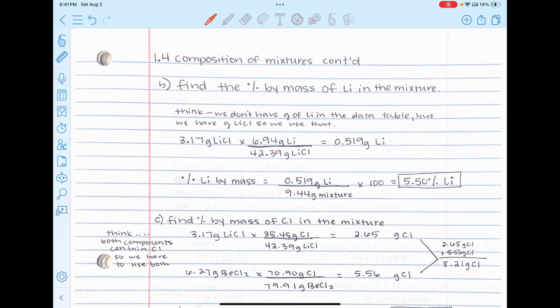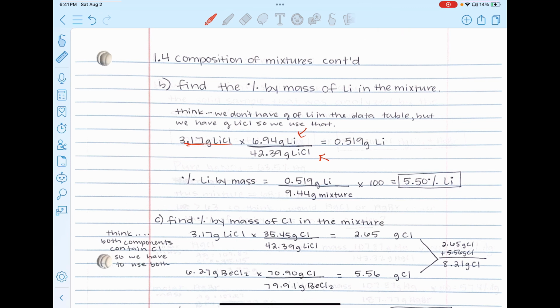Well, we want to use the data that we have that contains lithium. It would do us no good to use the data that contains beryllium. It's going to be a much less direct method. So I'm going to set up a ratio of our given number of lithium chloride from that table. I'm going to multiply it by the mass of lithium from the periodic table divided by the mass of lithium chloride, again from the periodic table.